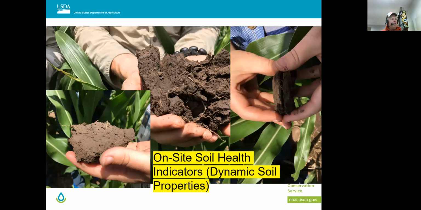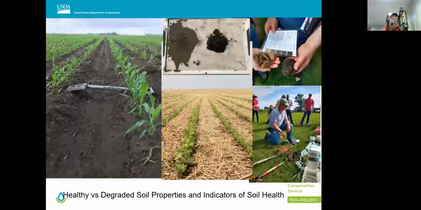Here's a site that I was actually on where we looked at soil dynamic properties, in this case, soil structure. And you see the platy structure that was created from previous vertical tillage. Here's another example where we looked at aggregate stability.